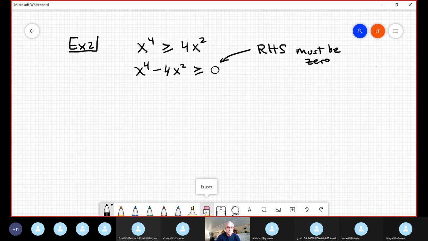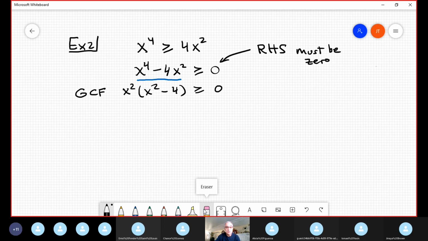The rest I focus on, the binomial, polynomial, trinomial, on the left-hand side, and I do a factorization. Is there a common factor? Yes, the GCF is x squared. I factor out x squared. We have x squared times x squared minus 4.